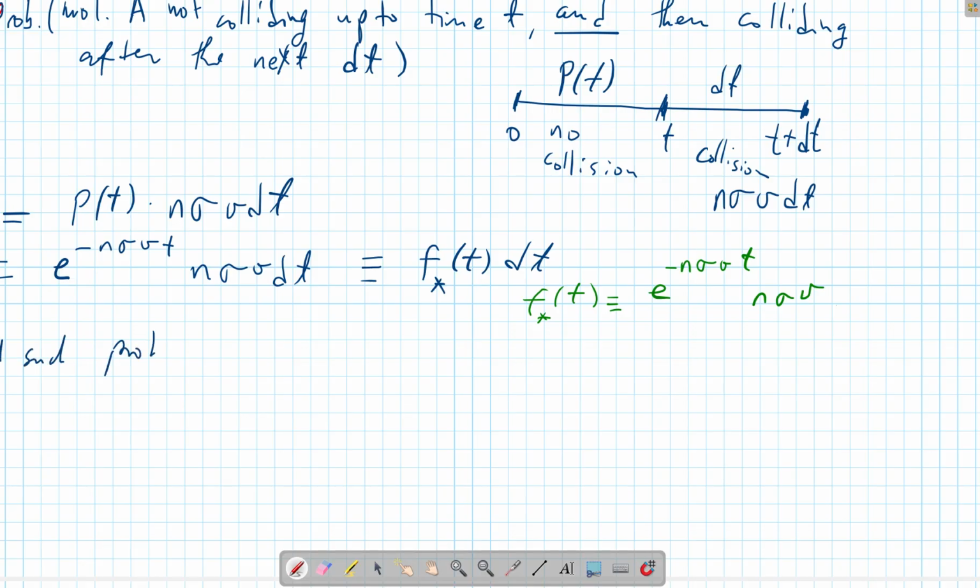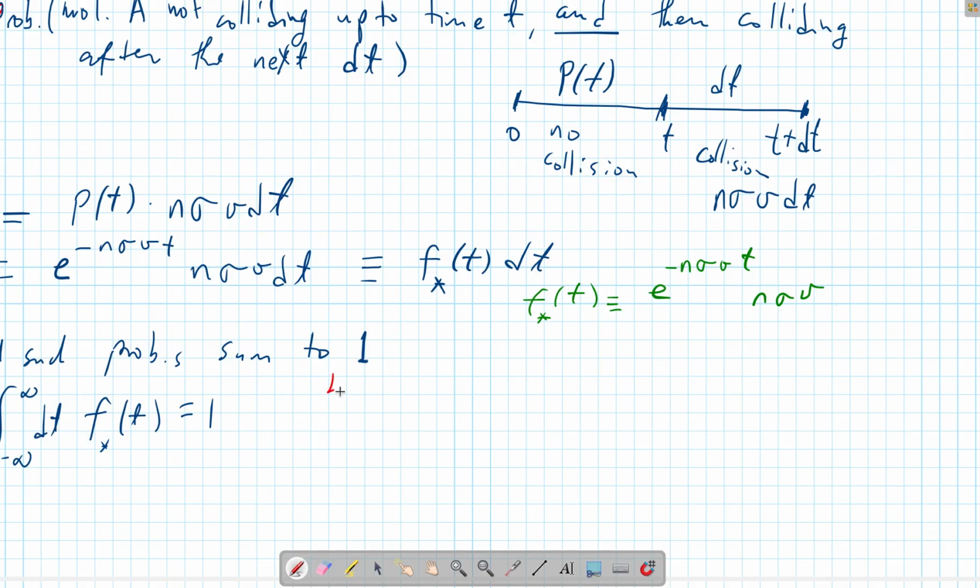Right, you can see that the integration from minus infinity to infinity of f star t dt is actually equal to 1.